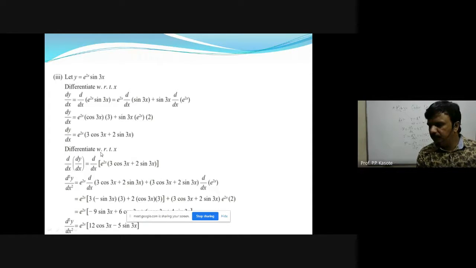So differentiating with respect to x, see the second step directly in the second differentiation. d square y upon dx square is equal to e raised to 2x into derivative of 3 cos 3x plus 2 sin 3x, plus the bracket 3 cos 3x plus 2 sin 3x into derivative of e raised to 2x. यहाँ पे we are using the product rule.